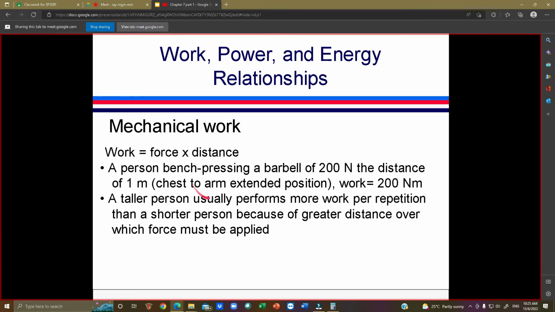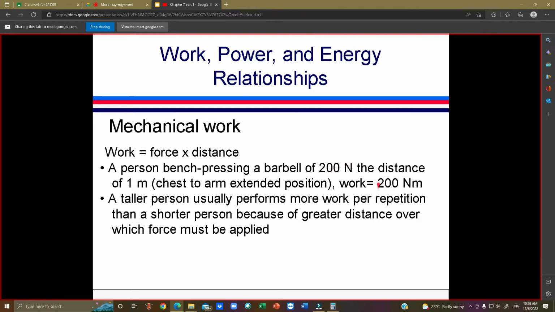Right. Ni contoh lagi yang kedua dia bagi. A person bench pressing a barbell of 200 Newton, the distance of 1 meter. So the bench press barbell 200, work done 200 Newton meter. But if the person is taller, jadi dia akan bench press a bit more rather than 1 meter, mungkin 1.2. So instead of 200 Newton meter, dia dah jadi 240.